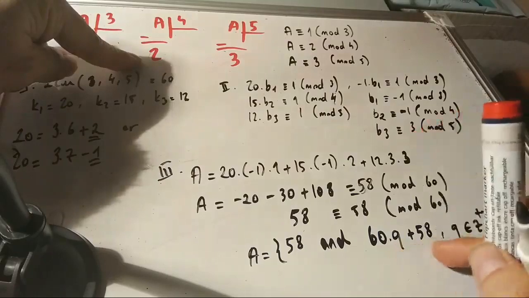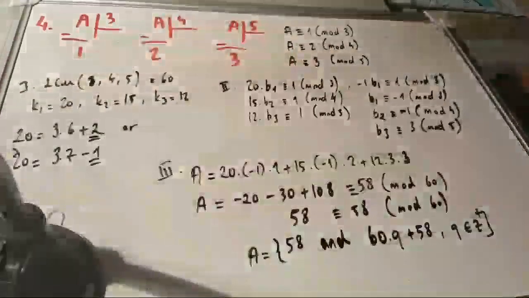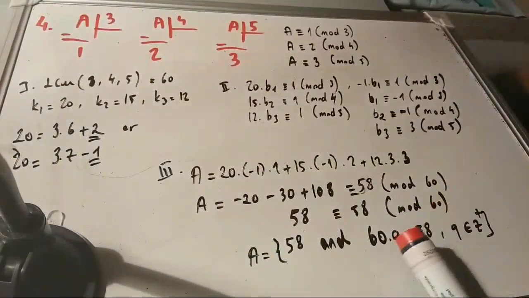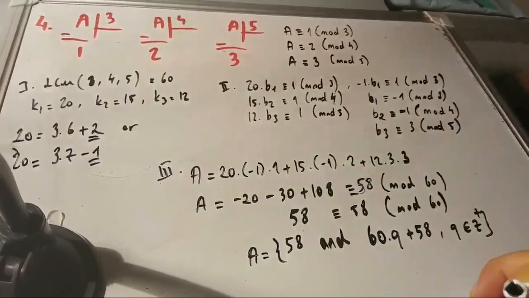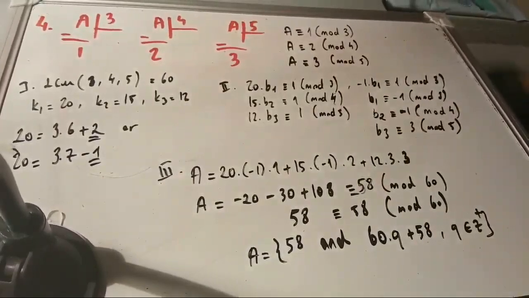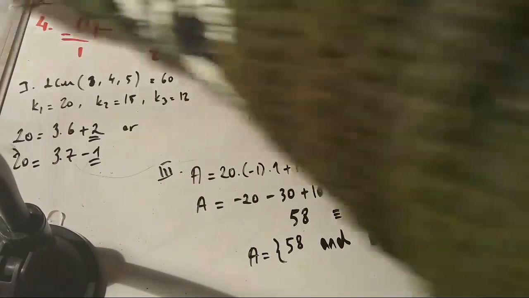And for 5, 178 divided by 5: 5 goes into 175, so the remainder is 3. Okay, 3 is left over. By the way, we have checked our solution. That's correct.